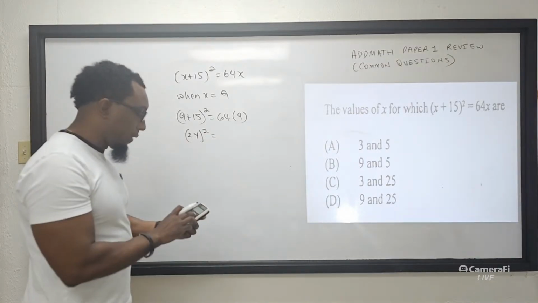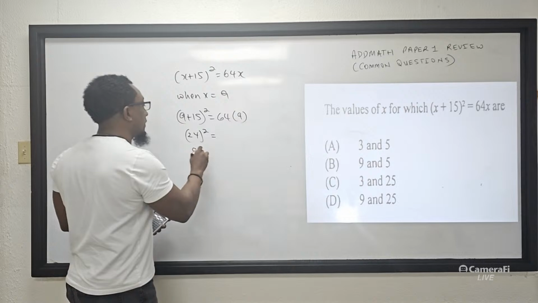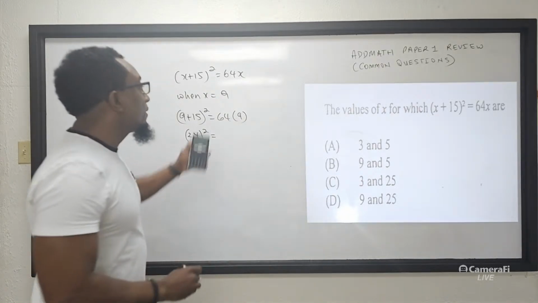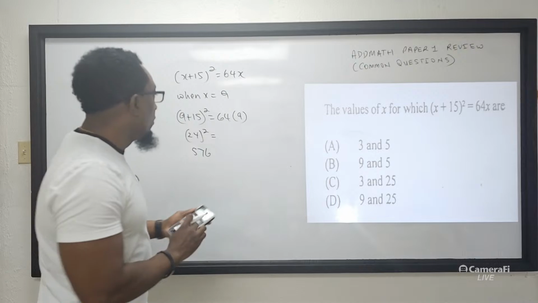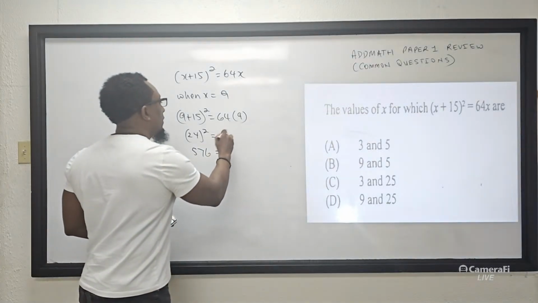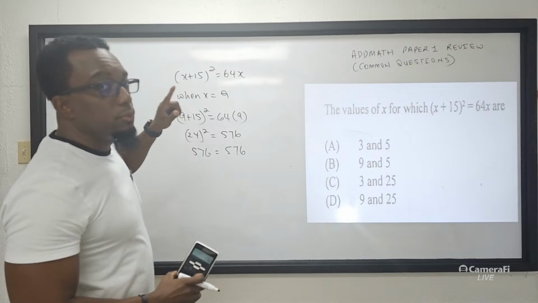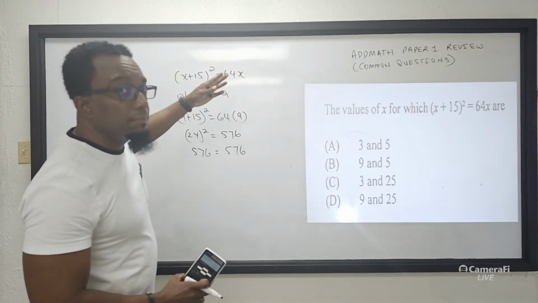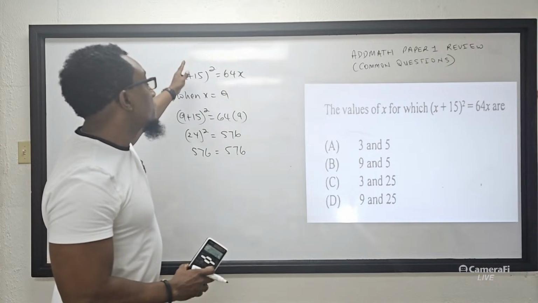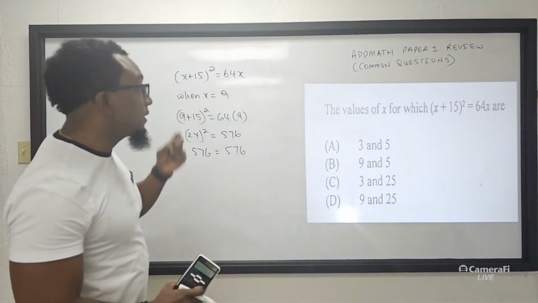And 24 squared, that's 24 by 24, gives me 576. And of course 64 by 9 also gives me 576. So it shows when I substitute 9 into my equation, it satisfies the equation, because what is on one side is equal to what is on the other. So clearly 9 satisfies the equation.